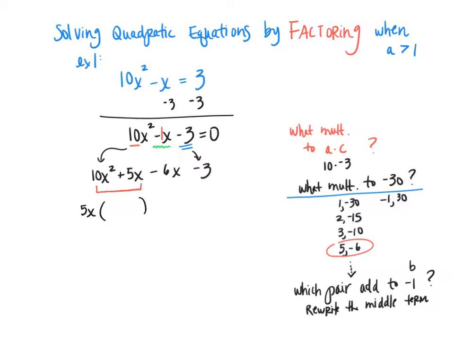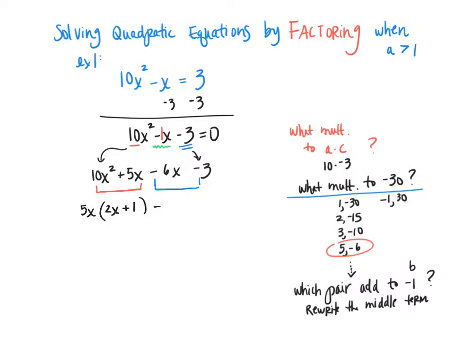Remember, factoring is really the opposite of distributing. So I would have a 2x plus 1, because if I distributed that 5x, I would get what I started with. Then when I group the second 2, notice that both terms are negative. So that should give you a hint that you definitely want to factor out a negative.